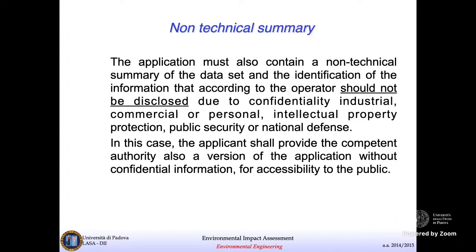So in this case, there are two tracks that run parallel: one in which all the information concerning productive processes is presented, and this is analyzed only by the competent authorities, and a version, a non-technical summary, in which not all this information, particularly what was protected by industrial, by intellectual property protection, may be included.